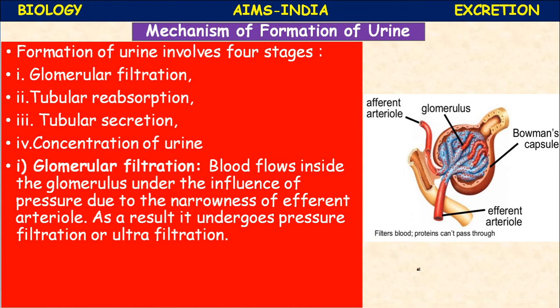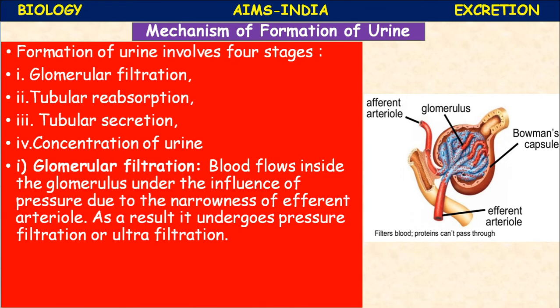The first one, renal artery, which divides into minute capillaries called afferent arteriole, which again forms the efferent arteriole. These are the capillaries. So the efferent arteriole plays very important role in the glomerular filtration. The blood flows from renal artery to glomerulus. Here see the figure.